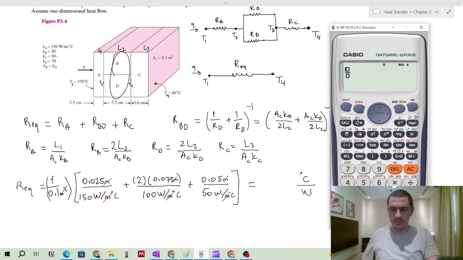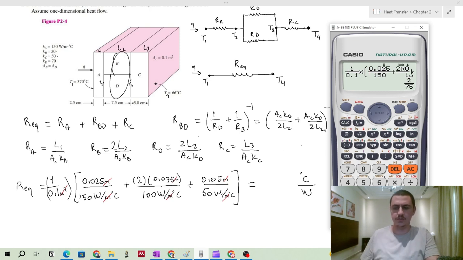So 1 over 0.1 times 0.025 over 150 plus 2 over 100, and you have 2 times 0.075 plus 0.05 over 50.